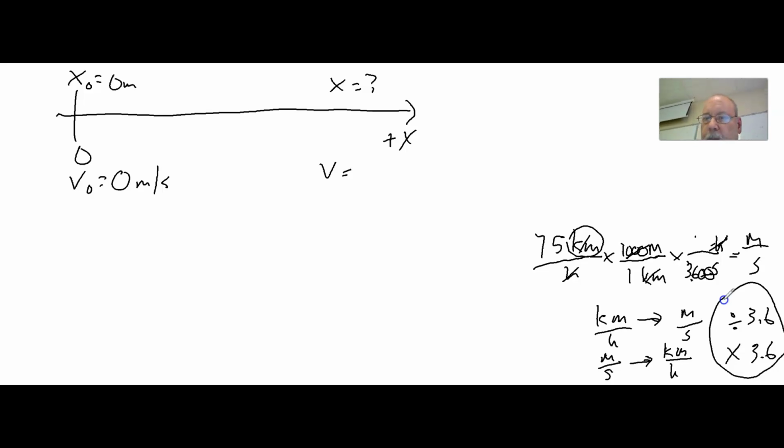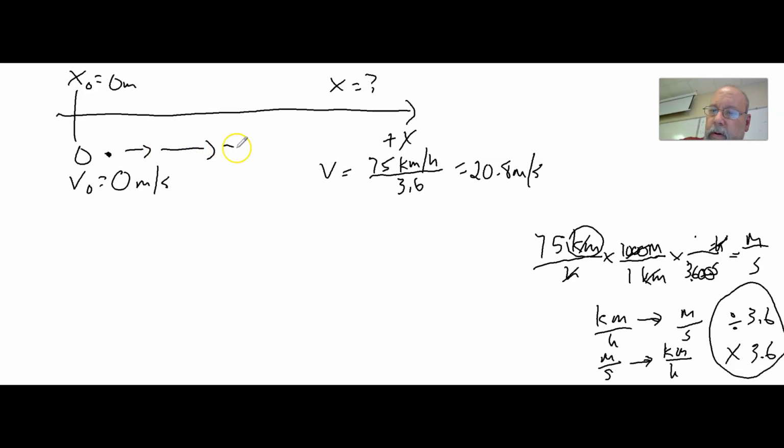Now, I want to change velocity from kilometers per hour to meters per second, so I will just divide by 3.6, and that gives me 20.8 meters per second. So I go from 0 to 20.8 meters per second in whatever time it is that this is going to take me.